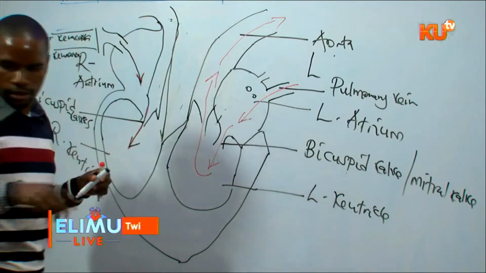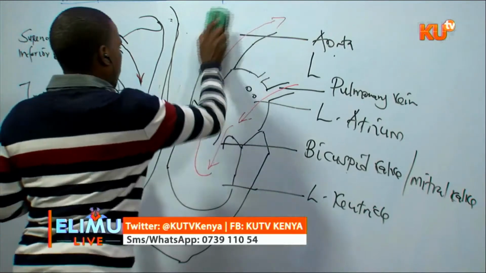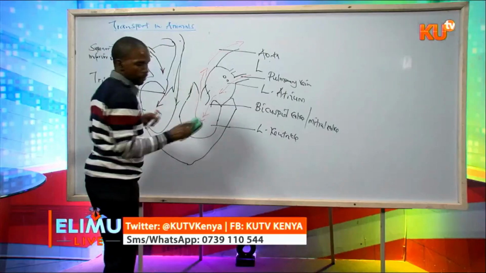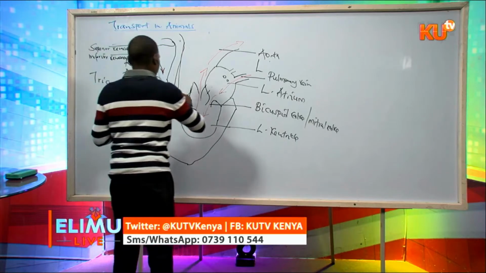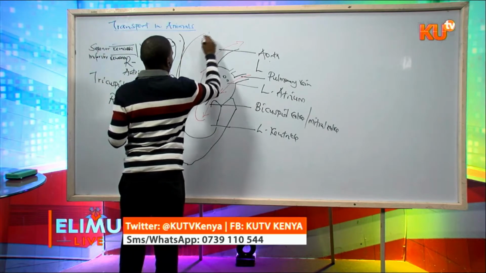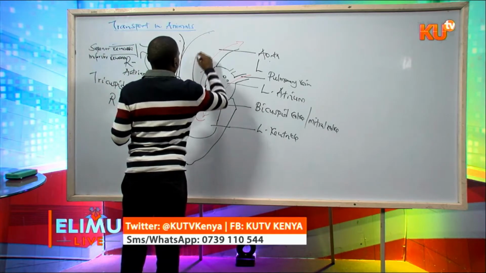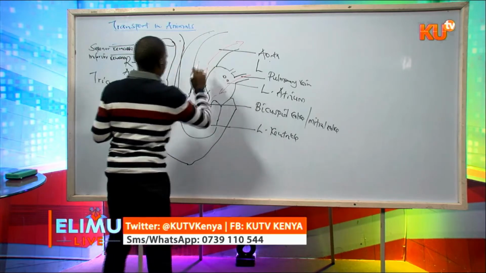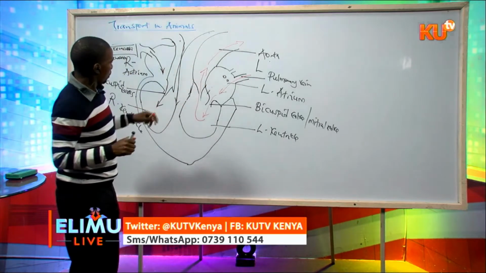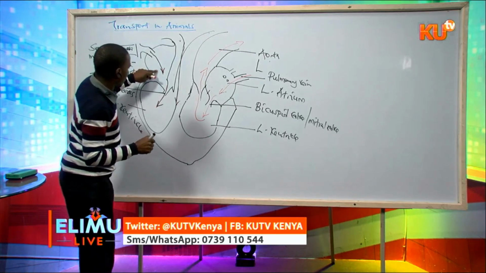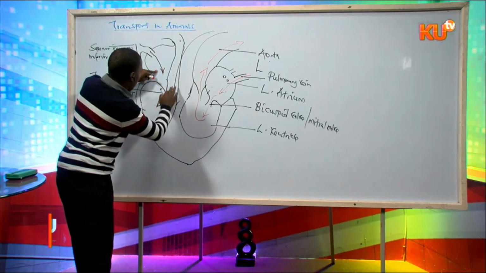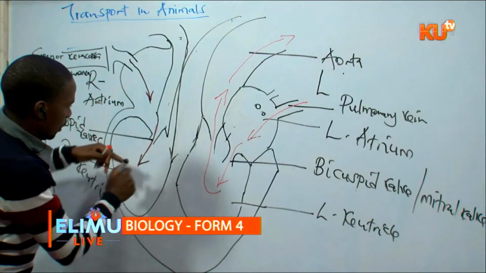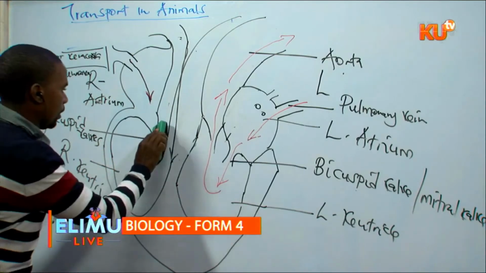So that is how it is. Then I can just join this on here so that whatever I'm drawing can make sense. So that is how it is. So we are saying that now from here blood is going to move upwards in a reversed manner.